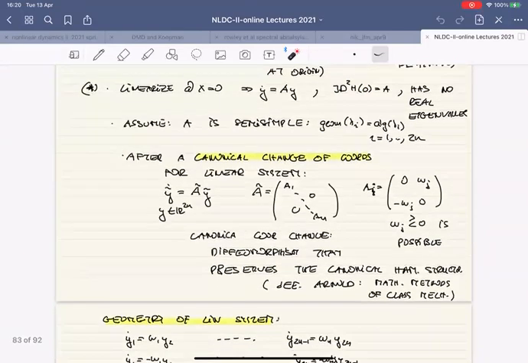So we can do a canonical change of coordinates, that is, a change of coordinates that preserves the Hamiltonian structure, meaning that even after the change of coordinates, the Hamiltonian will keep acting as a Hamiltonian.